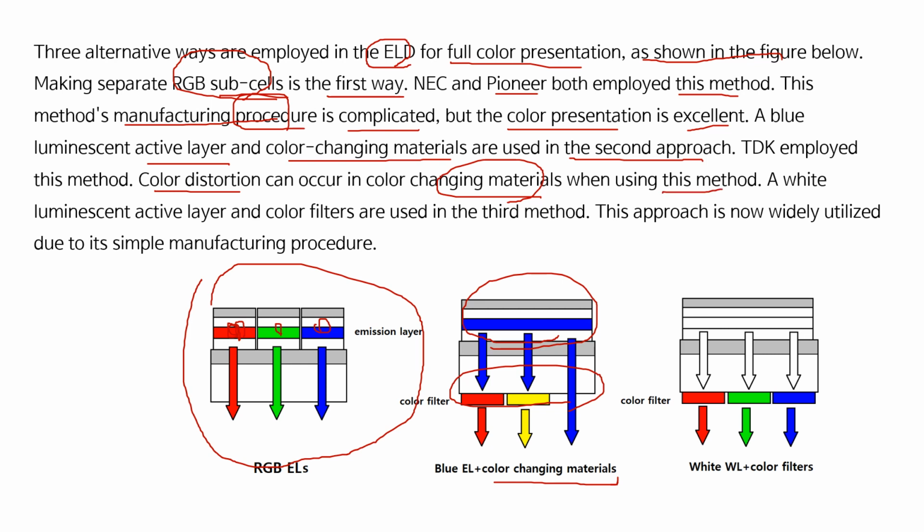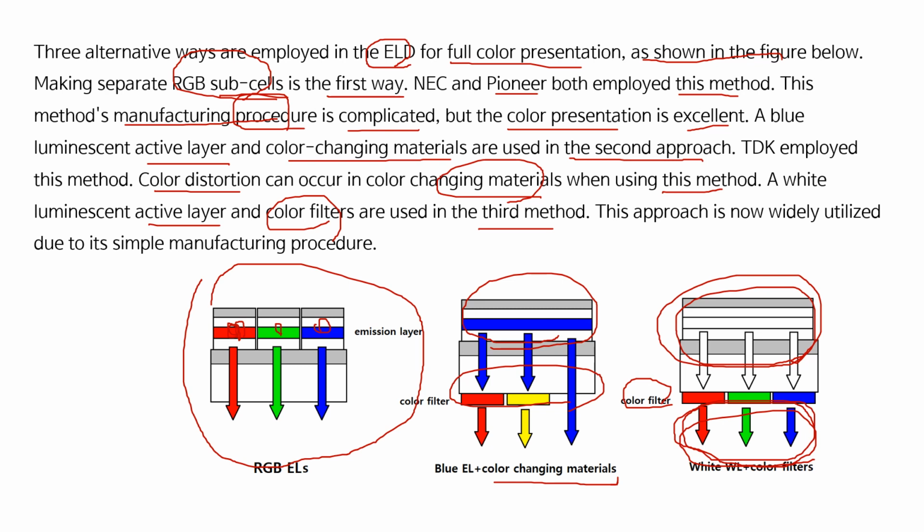A white luminescent active layer and color filters are used in the third method, this one. We use a white active layer and we use color filters to present other RGB colors. This approach is now widely utilized due to its simple manufacturing procedure.